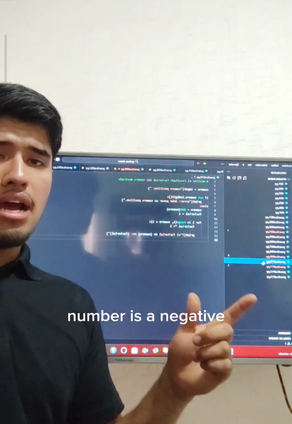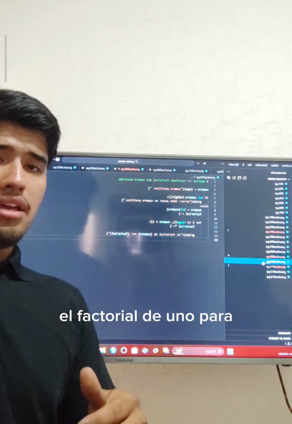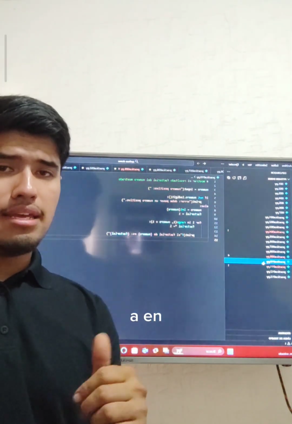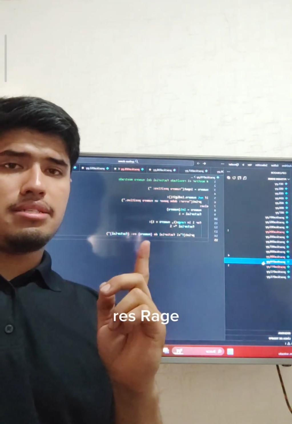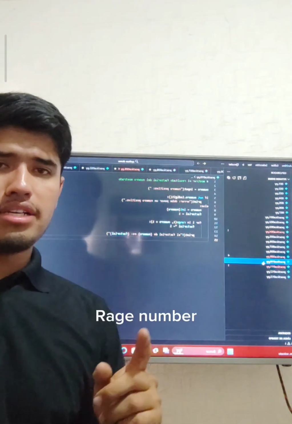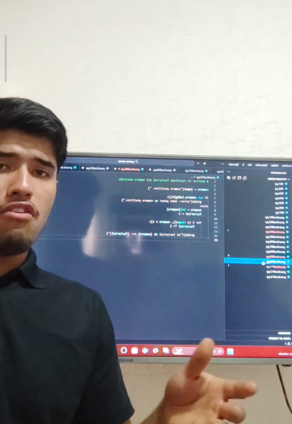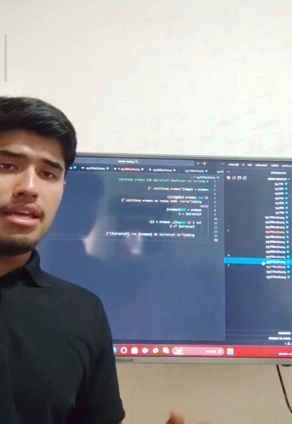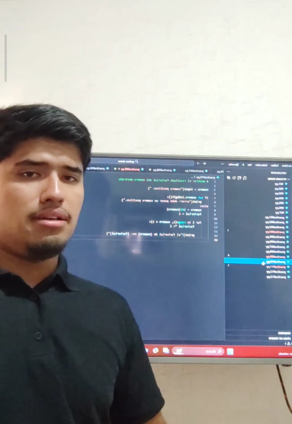Error: please enter a positive number. Else factorial equals 1, for a in range 1 to number plus 1, factorial equals factorial times a. Print the factorial of number is factorial.